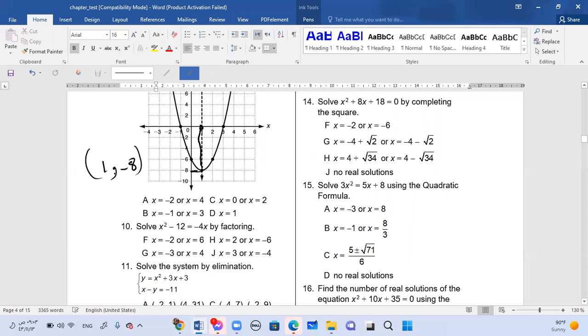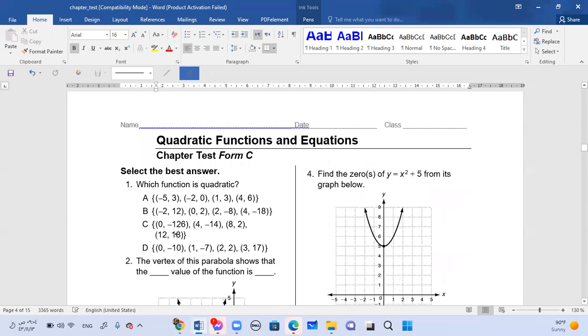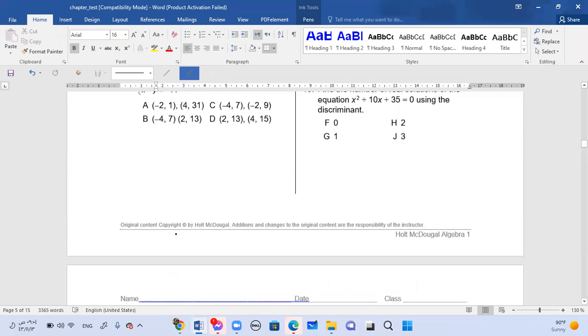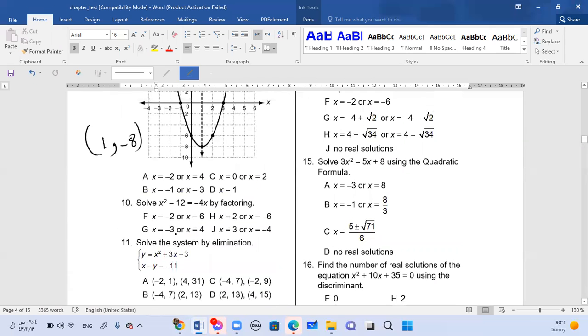Okay? You understand how you can determine the vertex? It is very important. Only read this point. This point intersects with the y-axis in which point? Negative 8. And this point, yes, the vertex, the last point.